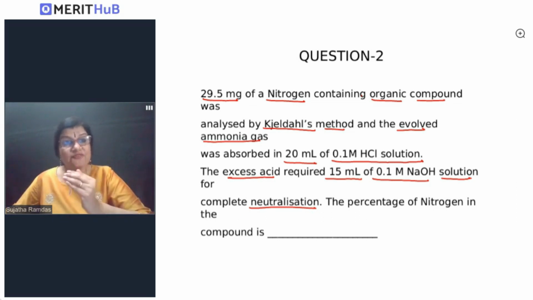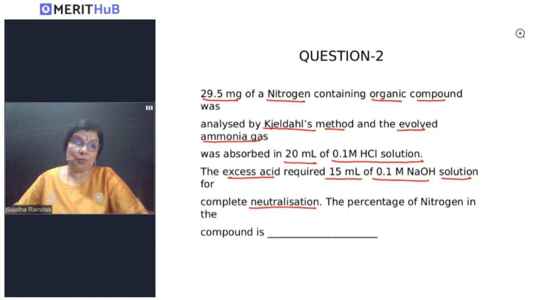A shortcut formula has been arrived at for finding out the percentage of nitrogen in the organic compound. Now, the formula that you have seen in your CBSE textbook in class 11 corresponds to the use of sulfuric acid instead of hydrochloric acid.